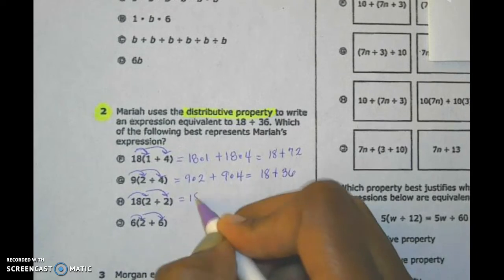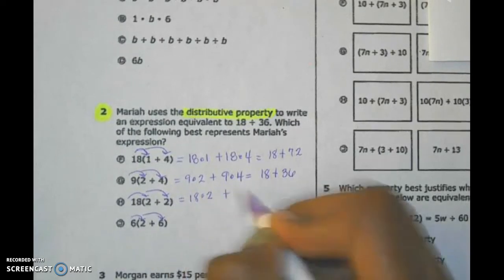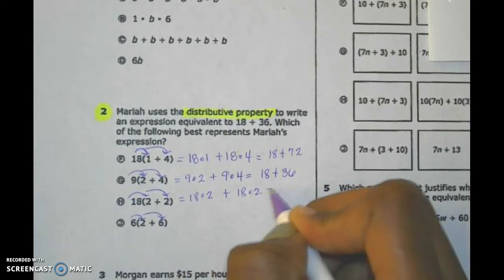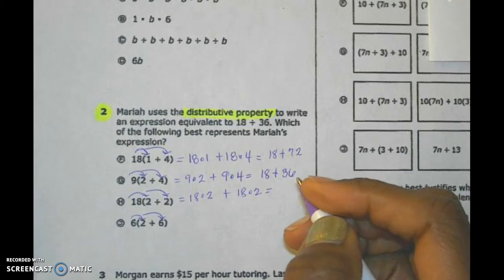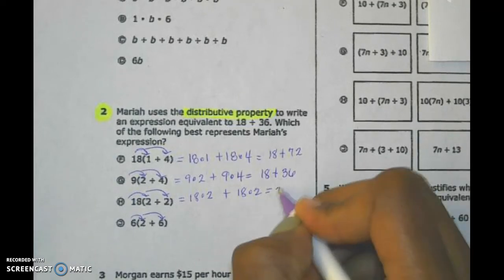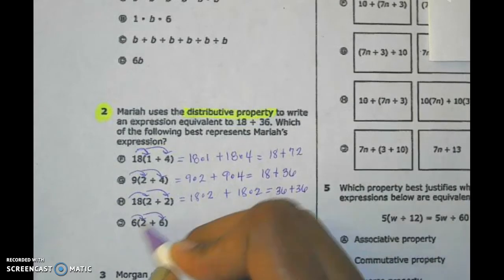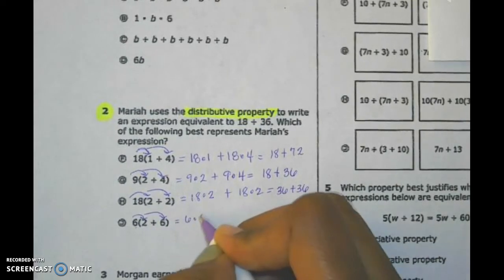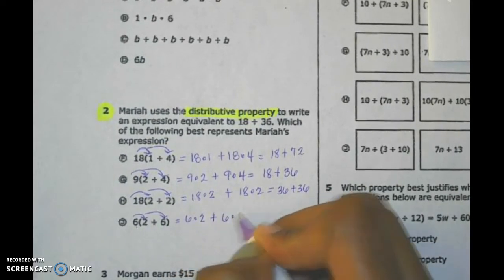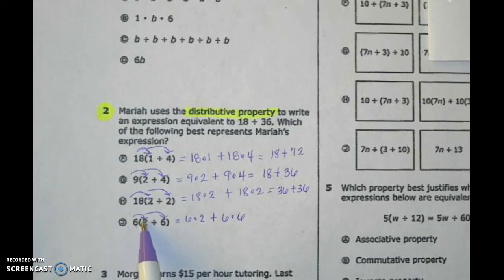Here we would have 18 times 2 plus 18 times 2. 18 times 2 is going to give me 36 plus 36. And last we would have 6 times 2 plus 6 times 6. I'm distributing this outside number to everything inside parentheses.